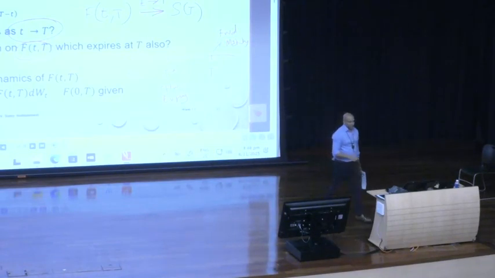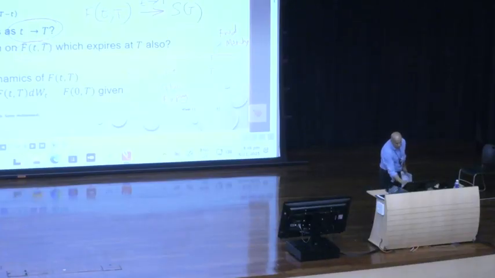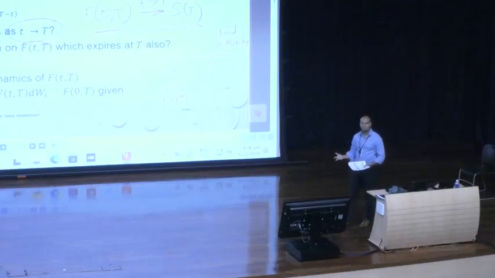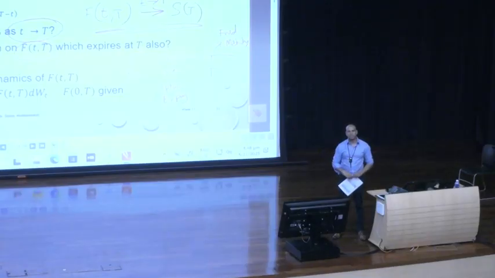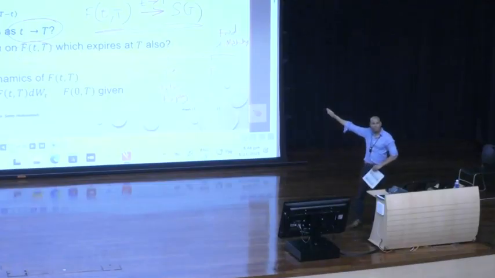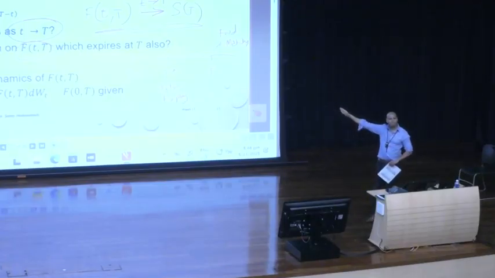Because of this relationship, an option on a forward is equivalent to an option on a stock. So I've now got 2 ways to think about an option on S. I can either think of it as an option on S, as I've always done, or an option on F.